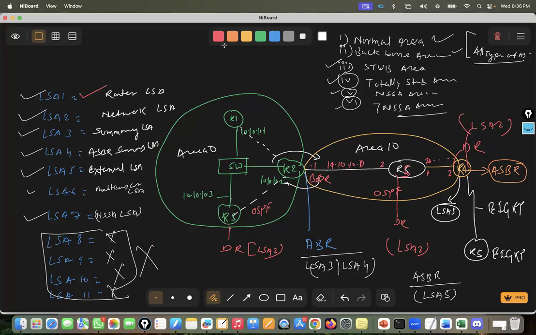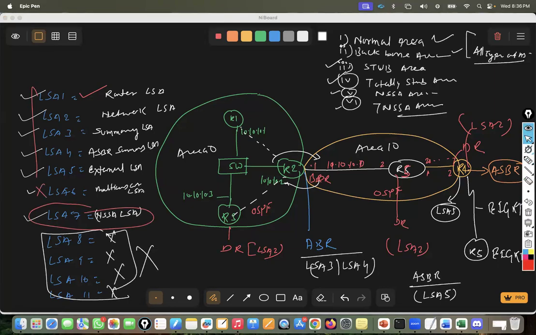So technically, of the 7 LSAs we use in regular practice, you should know about the first 5 and 7. We're also not going to test multicast. Till now we are clear, right? Only the multicast LSA: who will generate it if multicasting is going on?